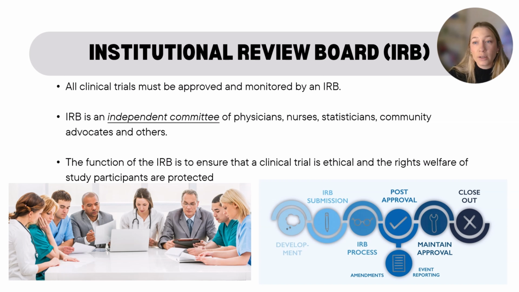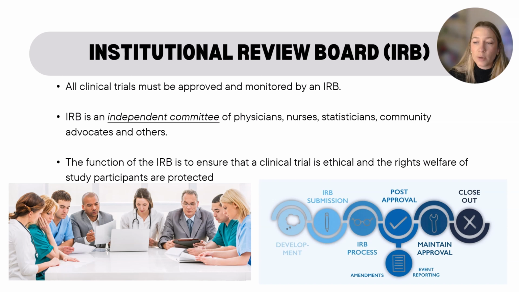The IRB looks at things like risk versus benefit. It looks at participant selection. Is the participant selection fair? Is it targeting or excluding certain groups of people? It looks at informed consent procedures, and it evaluates if there are any potential conflicts of interest, which we'll also discuss later in this lecture.